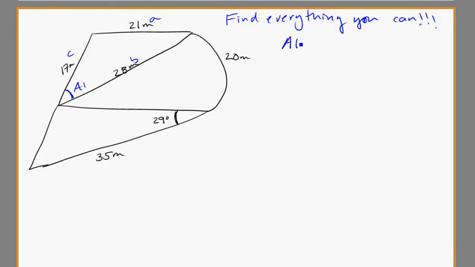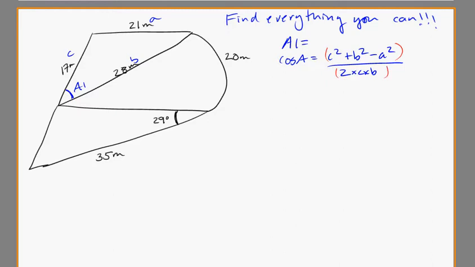So A1 is going to be equal to the cos rule for sides: cos of A is equal to (c squared plus b squared minus a squared) divided by 2 times c times b. Don't forget that you need your brackets.